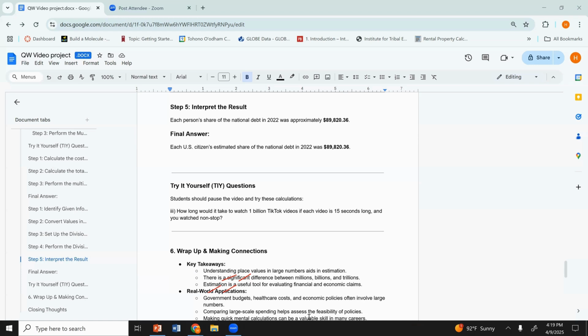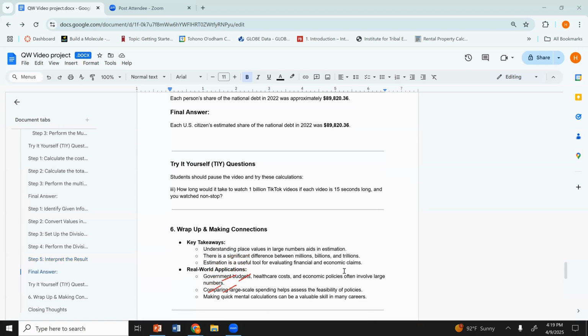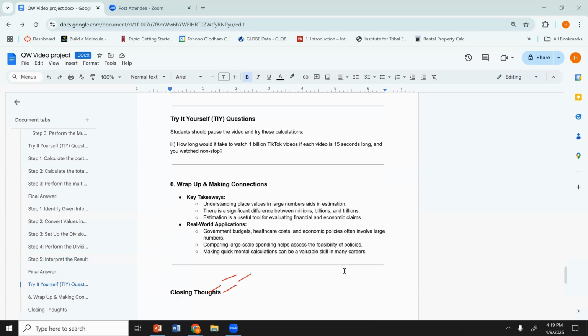Because sometimes you hear a lot of big numbers in the news, so being able to quickly estimate, run some numbers and make sure that what they're saying makes sense to you is an important life skill. You can apply this skill in everyday life, government budgets, healthcare costs, economic policy. All these involve big numbers that you need these estimation techniques to make sense of.